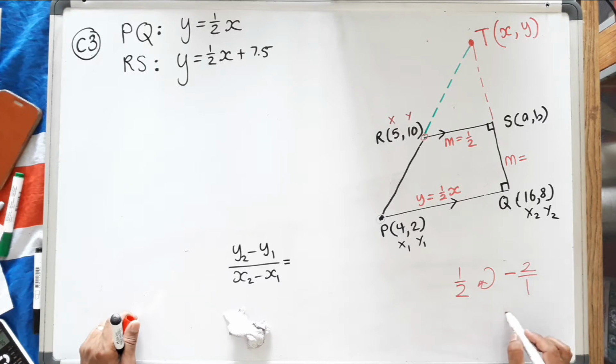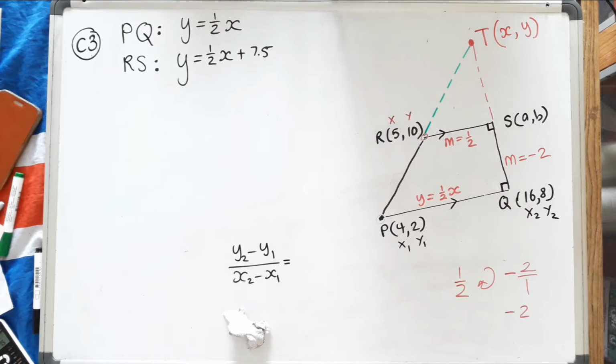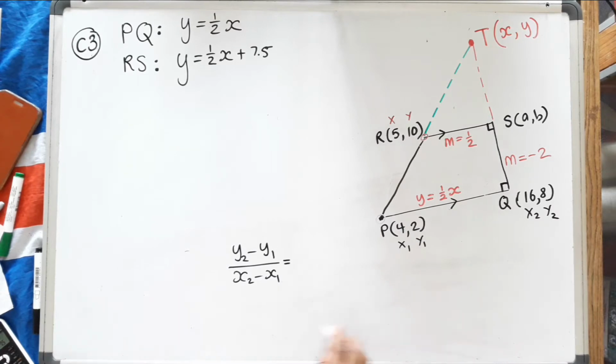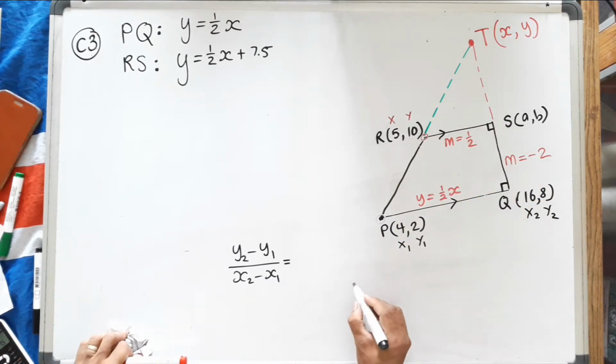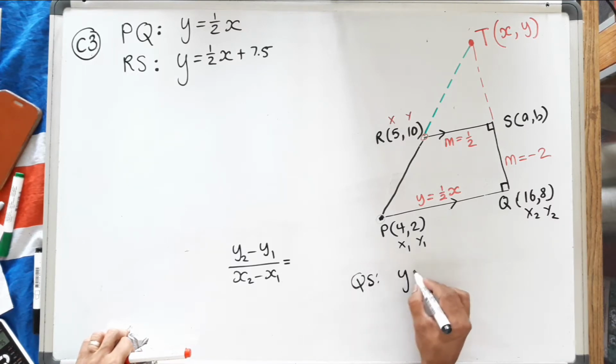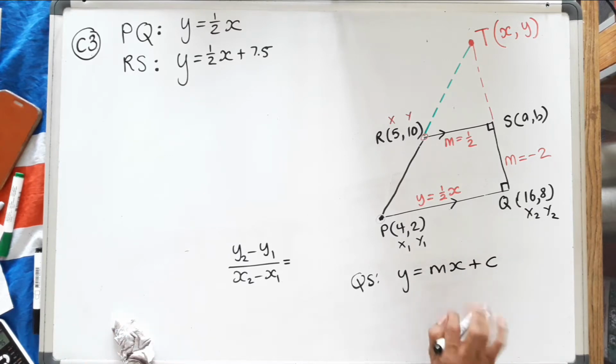Minus 2 divided by 1 is minus 2. So the gradient of this line is minus 2. Alright, let's find the equation of QS. How do you find the equation of QS? Once again, it's just y is equal to mx plus c. We know the gradient is how much? Minus 2.